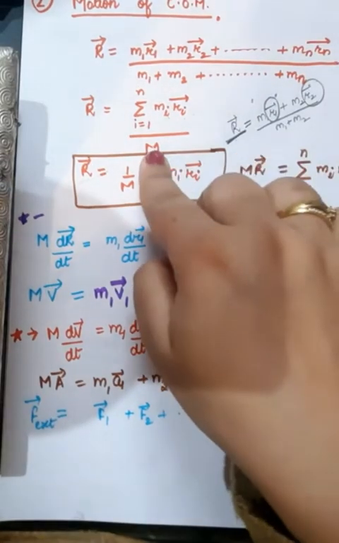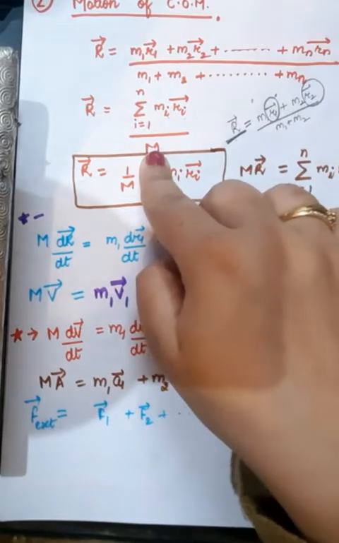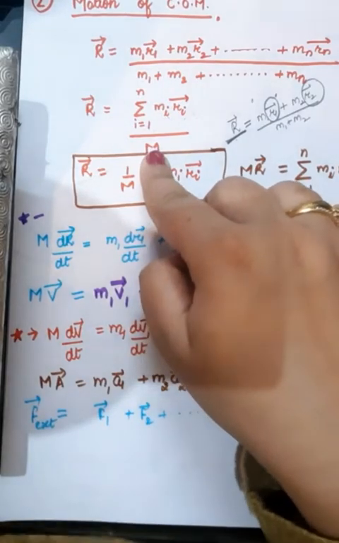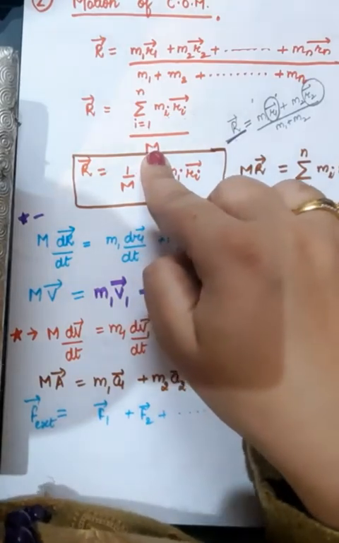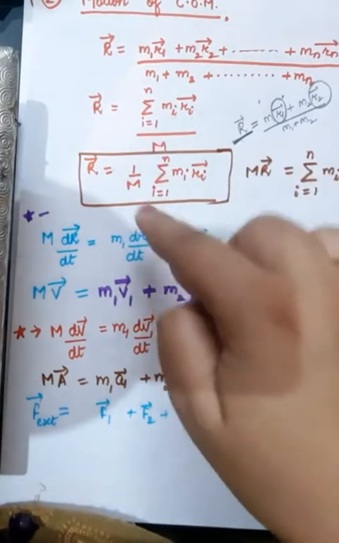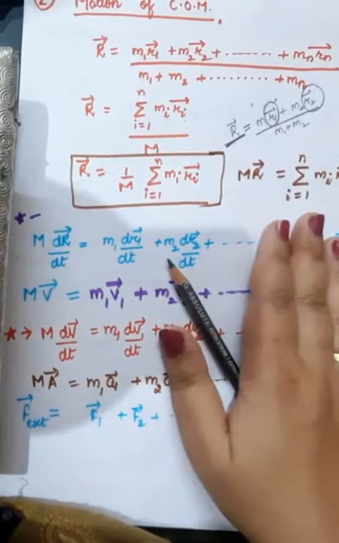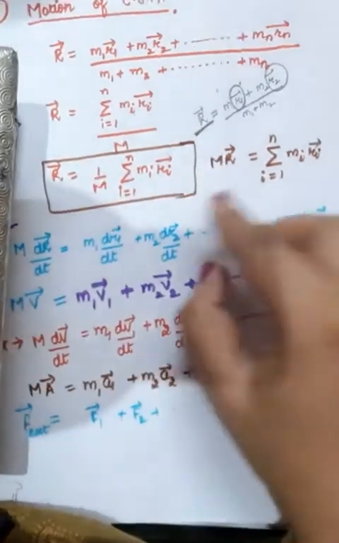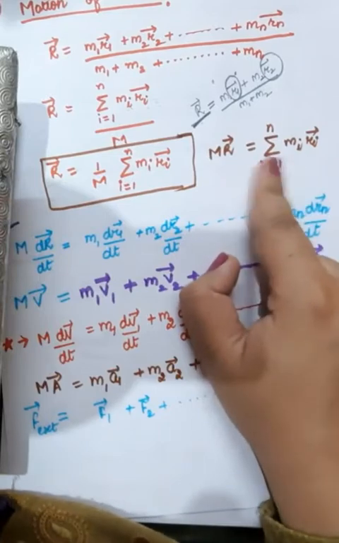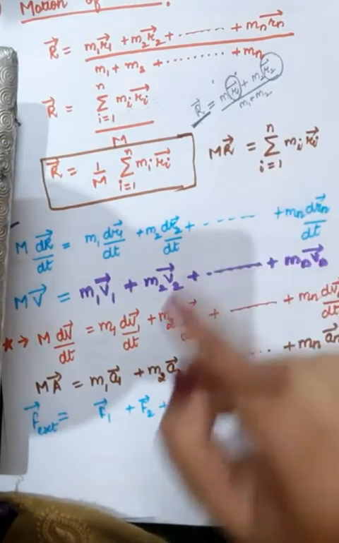So that's what I have written over here. This is capital M, the mass of the whole system, right? So take this capital M to the other side, and you're going to get this term, right?